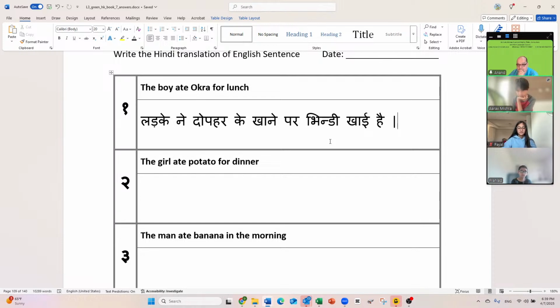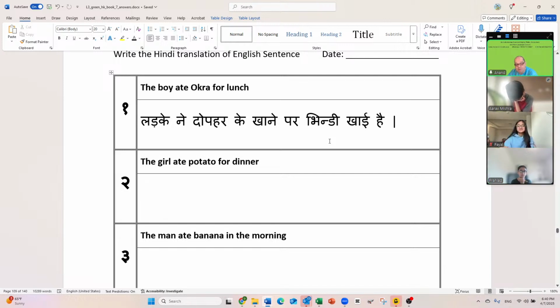Okay, Prahlad, is that right? लड़की ने खाने पर आलू खाई है. No. What is the right thing then? I think it's लड़की ने रात के खाने पर आलू खाई है.